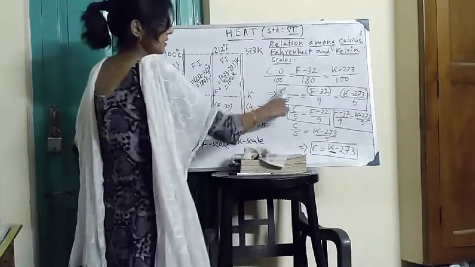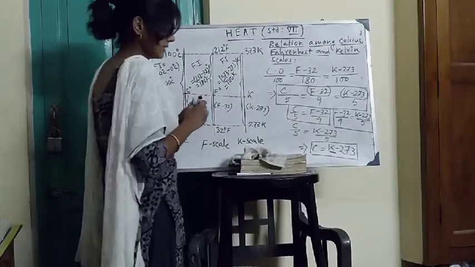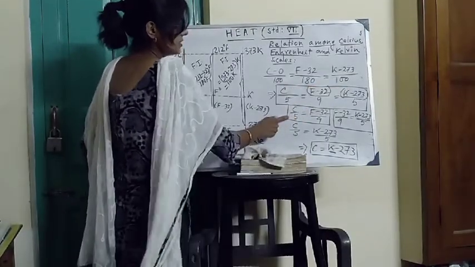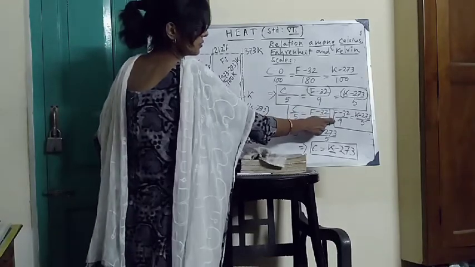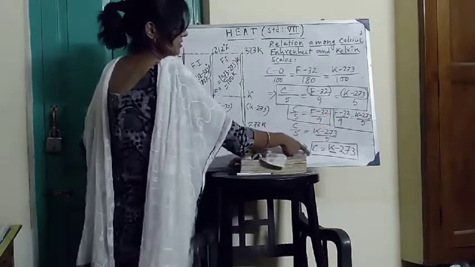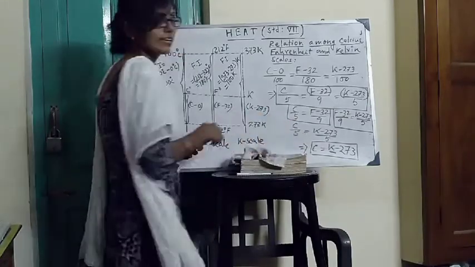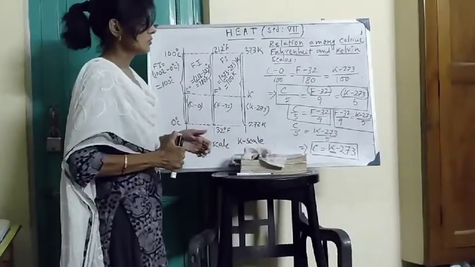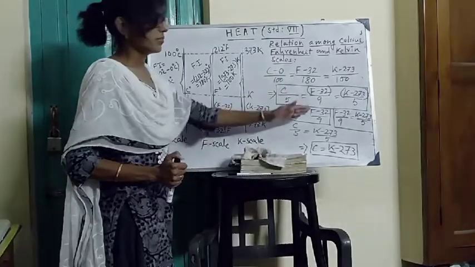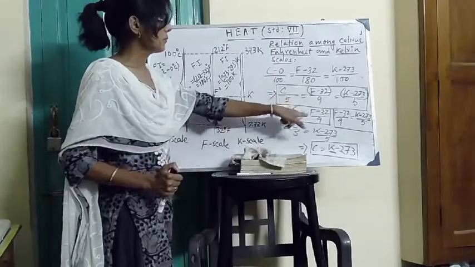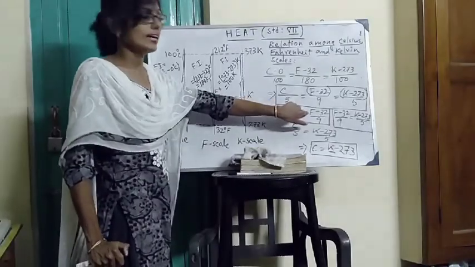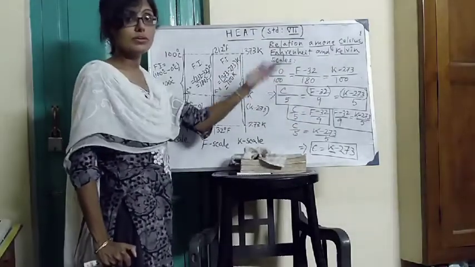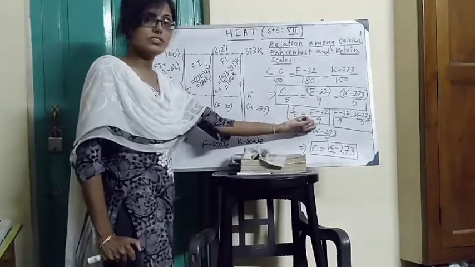Understood? This is the required relation among the Celsius, Fahrenheit and Kelvin scale. This is the relation between Celsius and Fahrenheit scale, this is the relation between Fahrenheit and Kelvin scale, and this is the relation between Celsius and Kelvin scale. Numericals will come based on these equations. If a temperature in Fahrenheit scale is given and it is said to find the corresponding temperature in Celsius scale, use this relation.